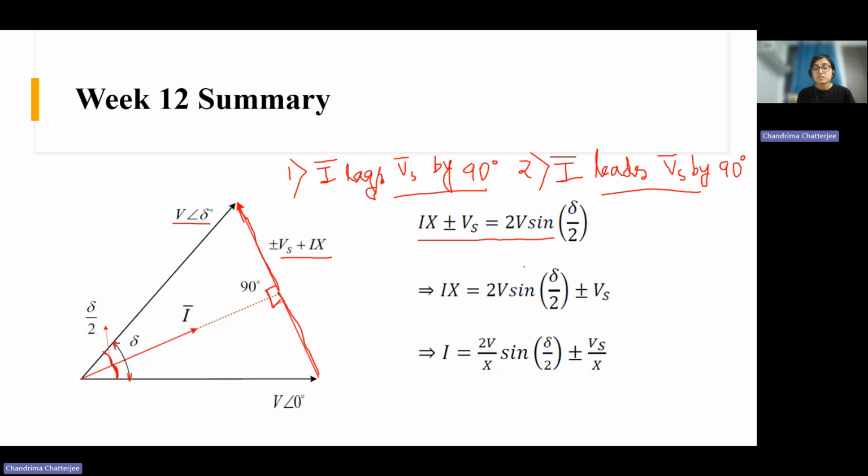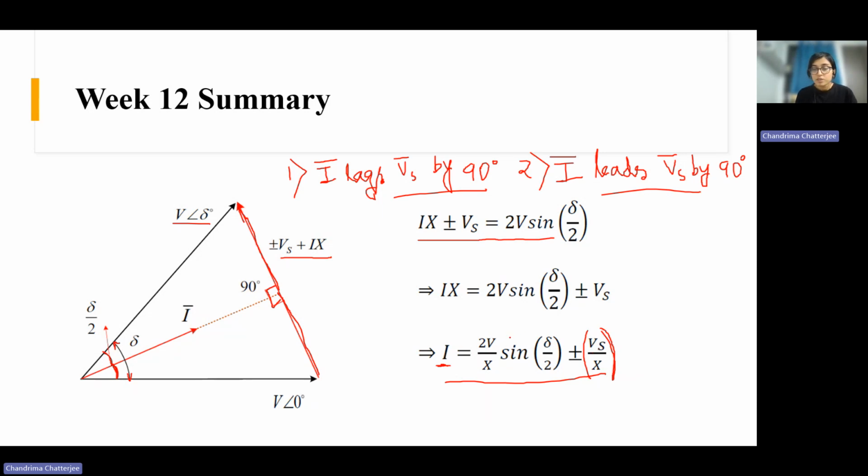And now after some simplification, what we get is I equals 2V by X sine delta by 2 plus minus Vs by X. So this Vs term is involved. And you can understand that this current I varies linearly with this voltage, right?